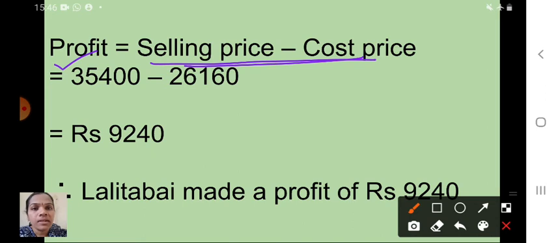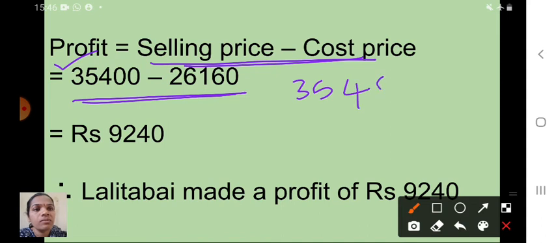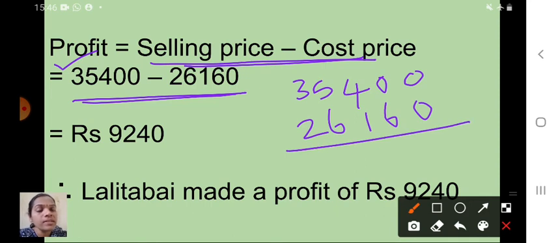That means 35,400 minus 26,160. What we have to do children? Yes, we have to subtract.